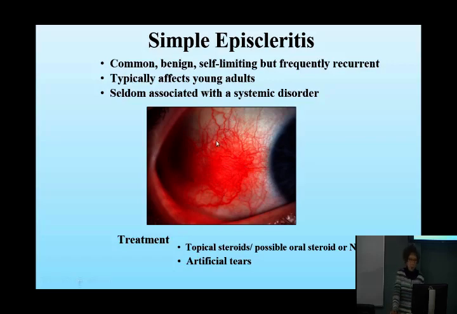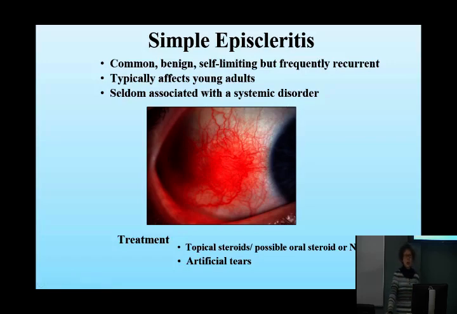Usually we see this in younger adults. And it's usually just a benign inflammation of the blood vessels on the surface of our sclera. They're called episcleral blood vessels. They could have been out in the wind for whatever reason. It irritated the blood vessels, they inflamed a little bit, and this is what you get.